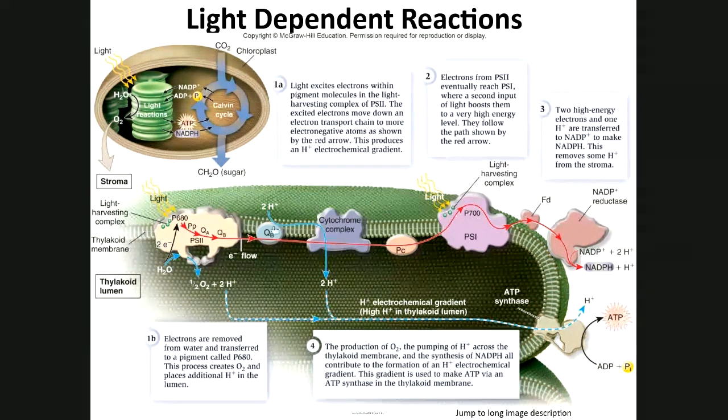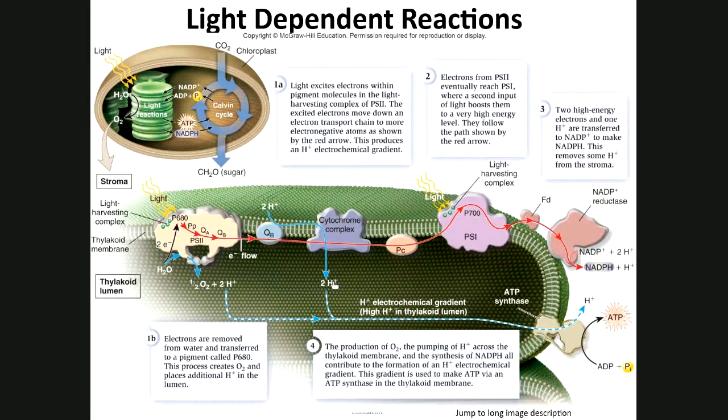Now, as the electrons arrive here at this protein complex, this is a transmembrane protein, and it's a pump. It energizes this pump, and this energy from the electron allows this pump to move hydrogen from the stroma, from here, into the lumen.